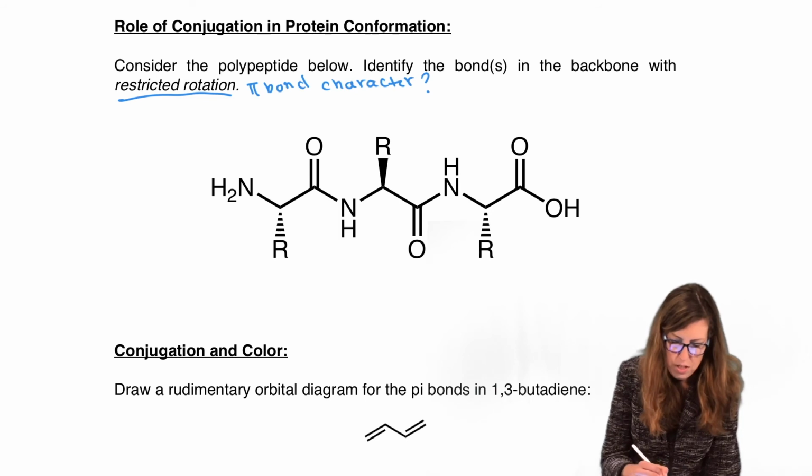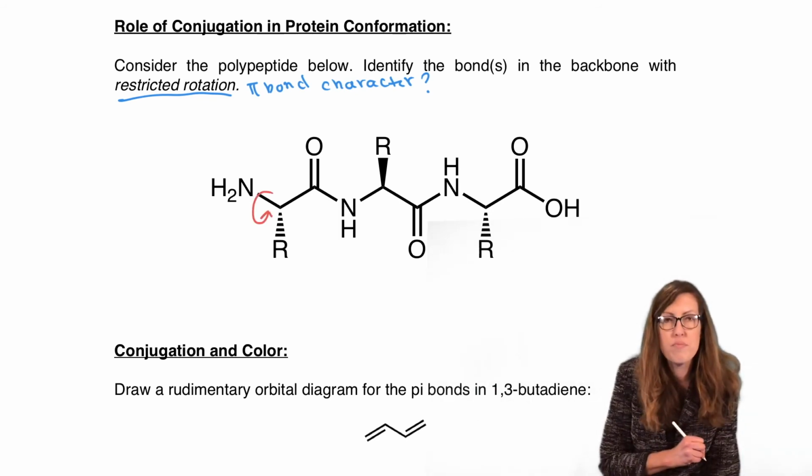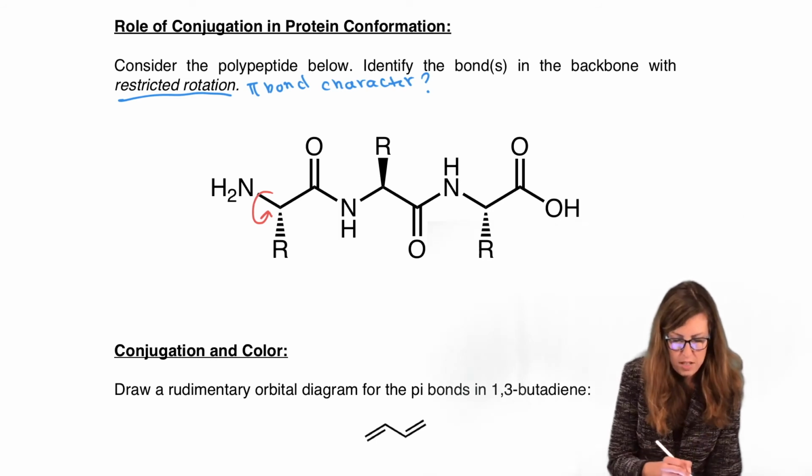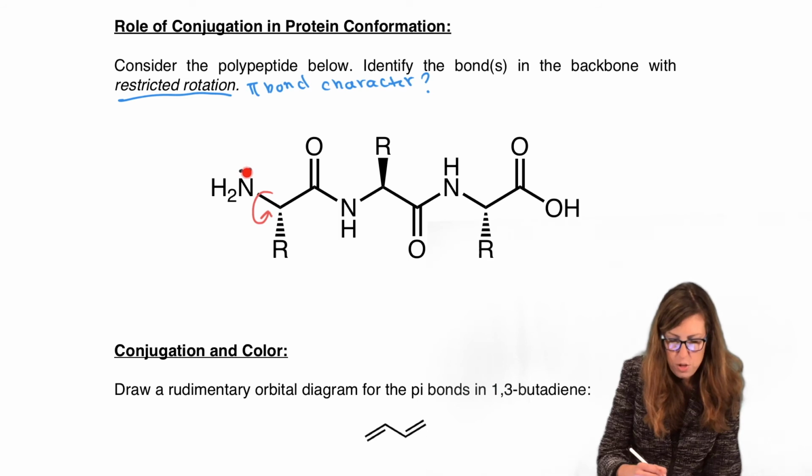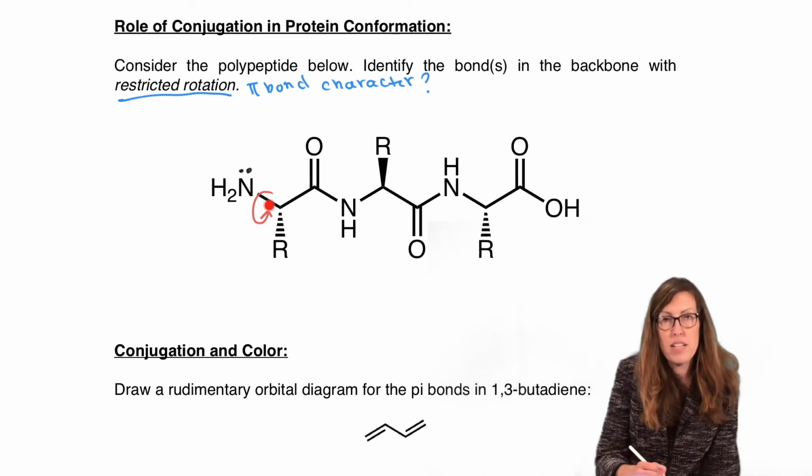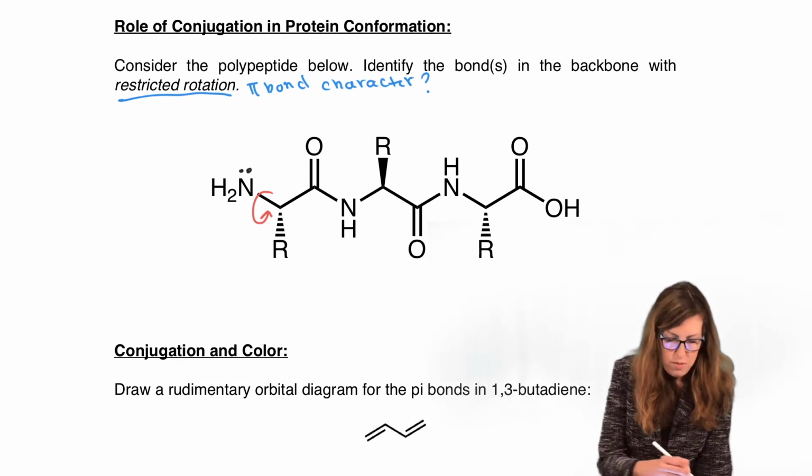Can we rotate here? Sure, why not? There's no reason for it to have pi bond character because even though I have a lone pair here, I don't see any way for it to be conjugated. Remember, when we have conjugation, we have pi bond character.